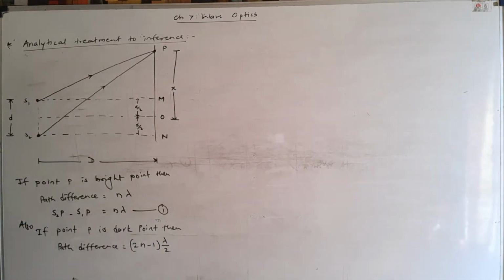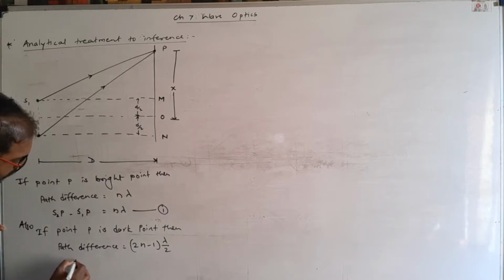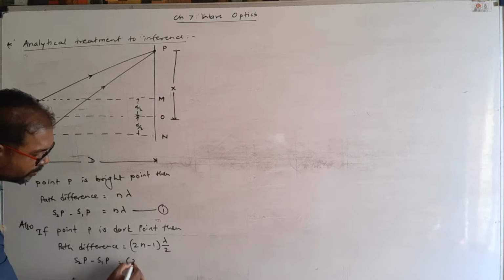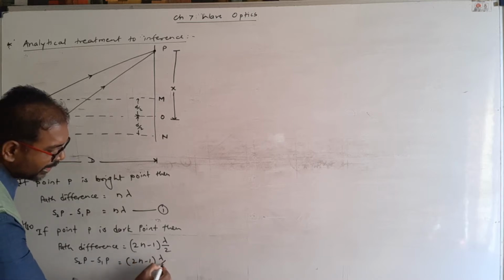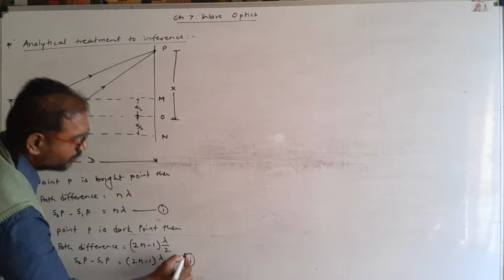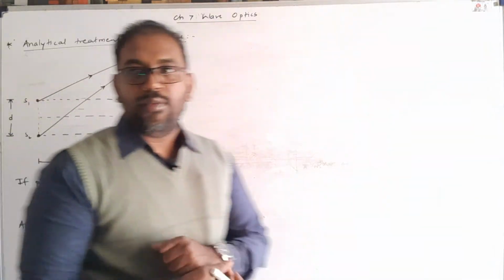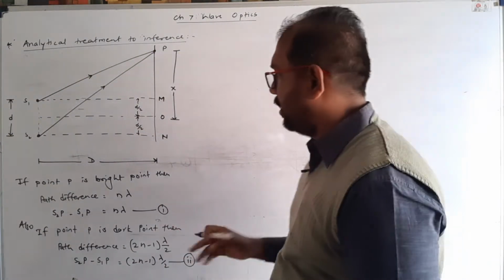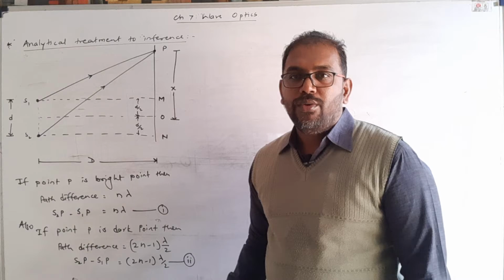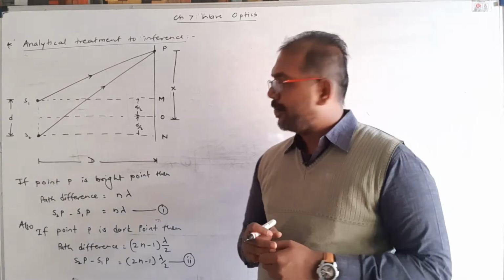Again, S2P minus S1P is equal to (2n minus 1) lambda by 2, equation number 2. So we have written equation 1 by considering P bright, and equation 2 by considering P dark.